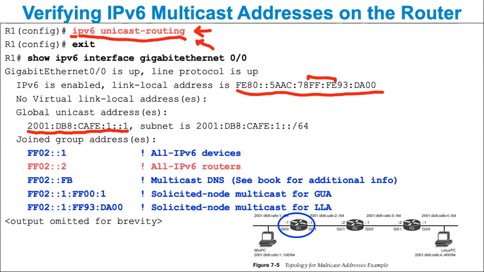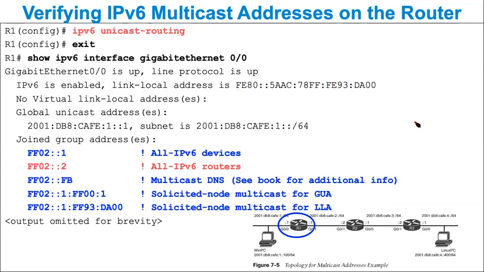Okay, but let's take a look at some of the unicast addresses, or I'm sorry, multicast addresses that this router belongs to. First of all, because this interface has an IPv6 address on it, at least a link local, it belongs to the multicast group all IPv6 devices.